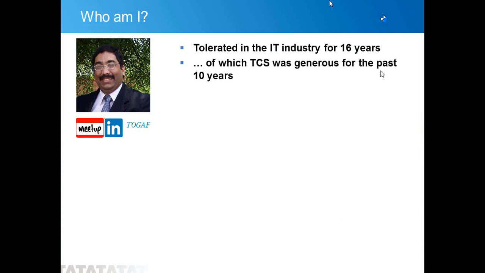What I'm also passionate about is to share architecture as I understand it with those around me, with the community of professionals, with students, with members in forums, and in that capacity I'm also an active member of the Association of Enterprise Architects in the Hyderabad chapter.